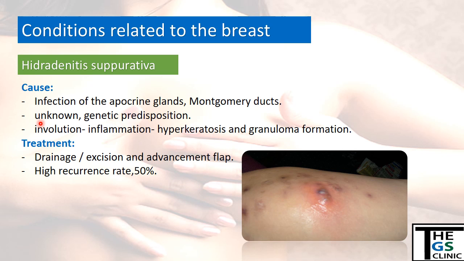So, why does this condition happen? Well, actually, it's unknown. Not all the pathophysiology of this disease is known, but it is supposed to be a genetic predisposition, so some people are more likely to have this condition. The condition will start with involution, and then there will be inflammation, and after that all this process will happen in the ducts or in the sebaceous cysts.